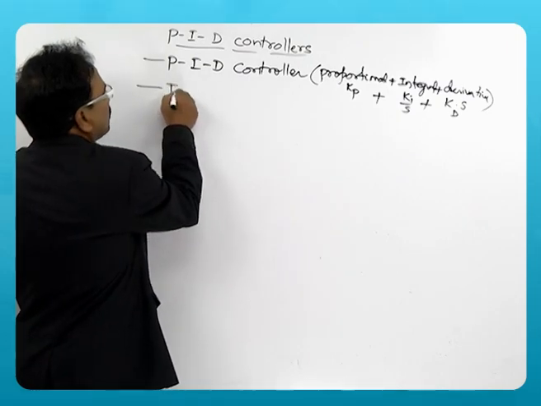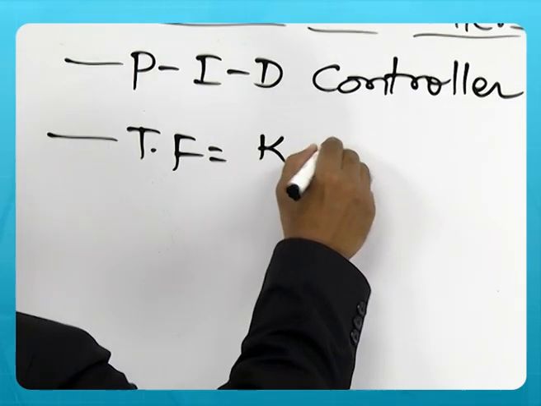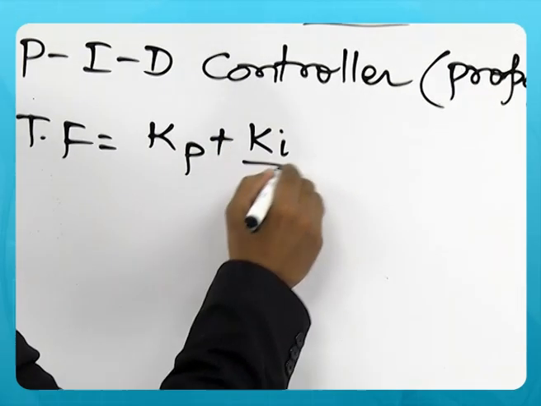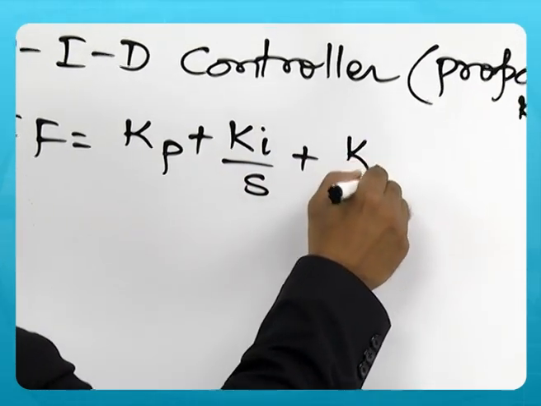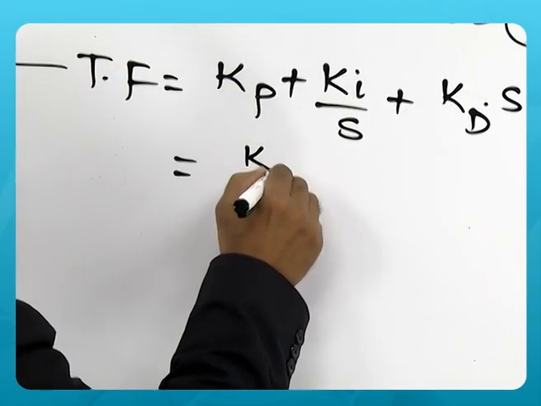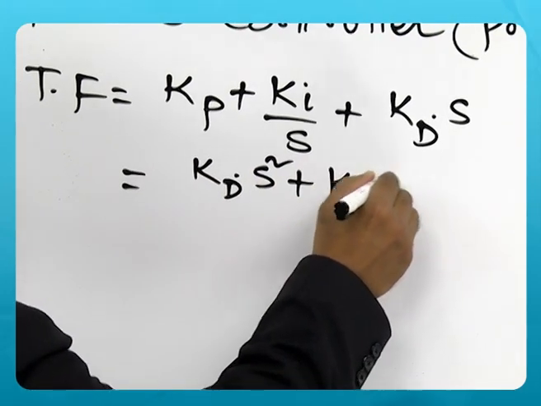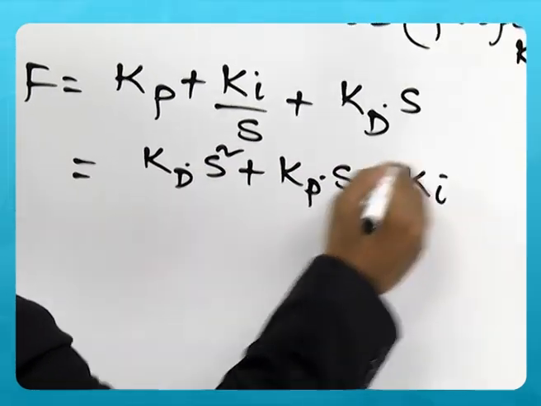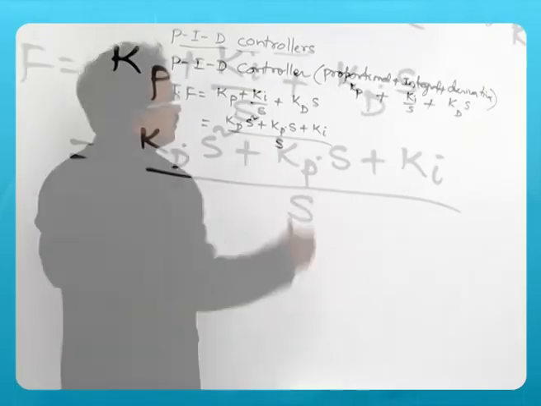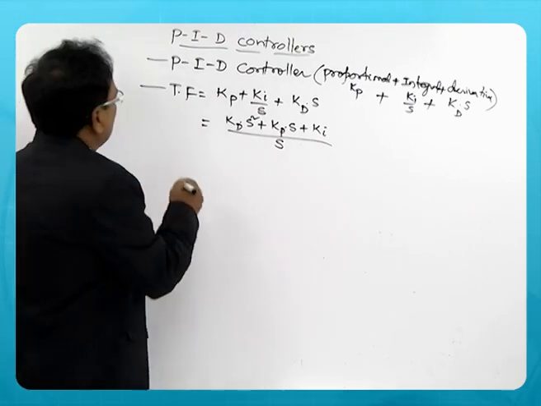So the transfer function of the PID controller is Kp plus Ki by S plus Kd into S. This can be written as Kd into S square plus Kp into S plus Ki, by S, the transfer function of the PID controller.